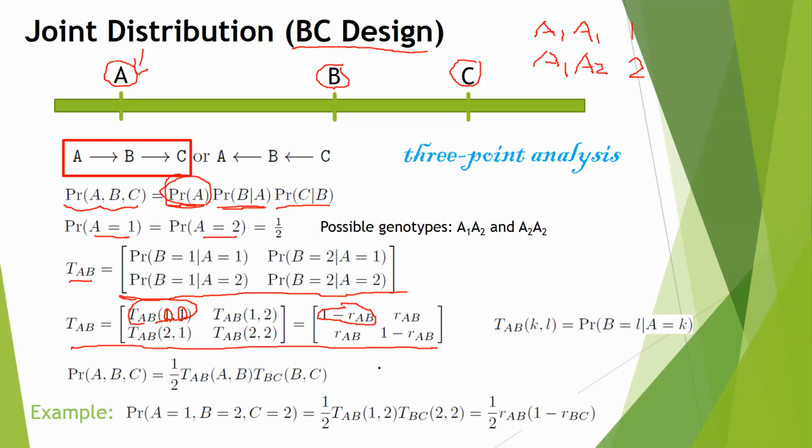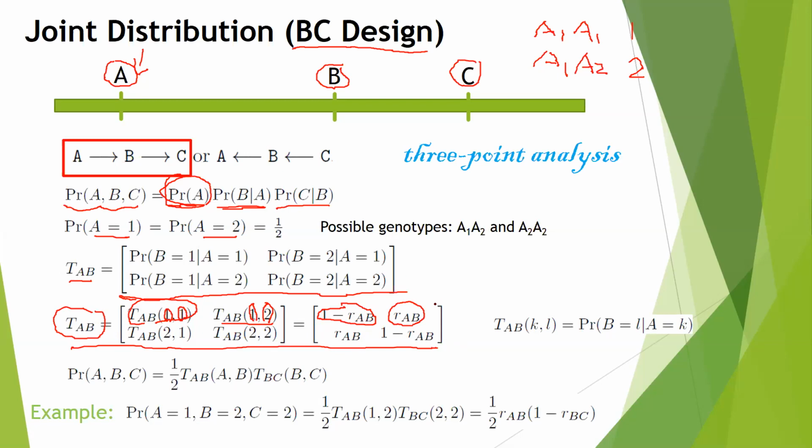If the genotype for A is 1 but the genotype for B is 2, which means the genotype for the B locus is B1B2, it means a crossing over occurred between these two loci. So the probability of that is RAB. So this is the transition probability matrix from A to B.